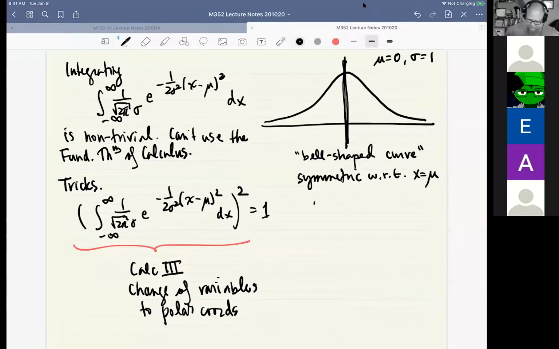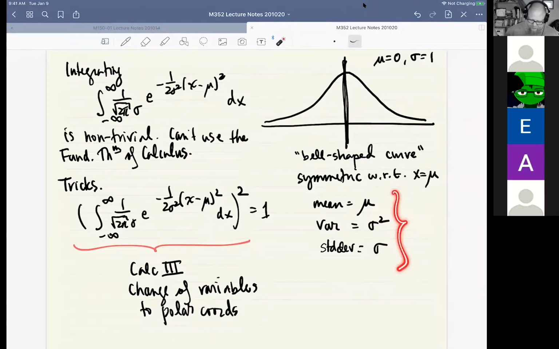Other facts, the mean is mu. The variance is sigma squared. The standard deviation is sigma. And this is why the names of these parameters were suggestive, right? This is a sigma here in this formula because that is the standard deviation. That is the standard deviation squared. That is the mean. Okay.